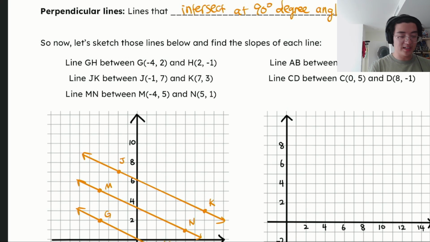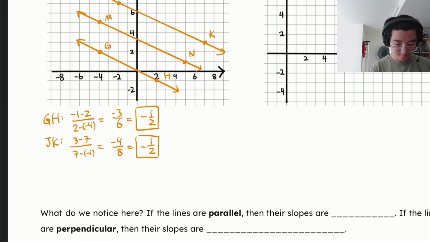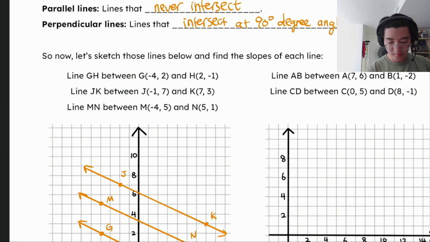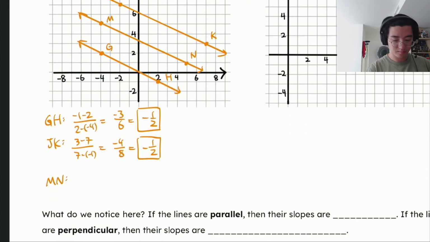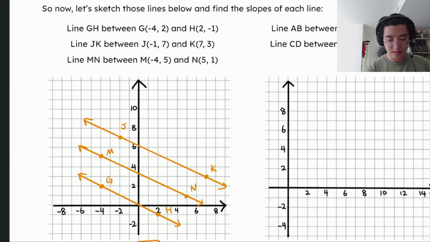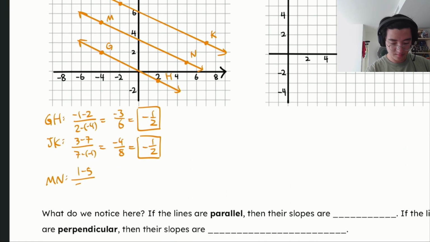Okay, and last MN. Got 1 minus 5, and then 5 minus negative 4. Negative 4 over 9, and then that's our slope.